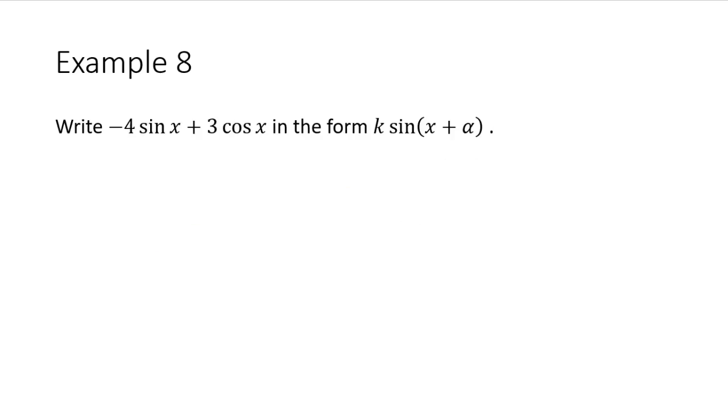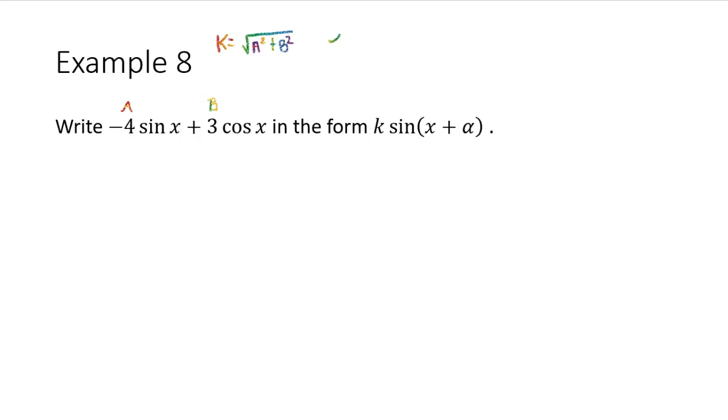Example 8: write -4 times the sine of x plus 3 times the cosine of x in the form k times the sine of x plus alpha. All right, let's remember what everything is. K is going to be the square root of a squared plus b squared. This coefficient here is going to be our a, and this coefficient here is going to be our b.